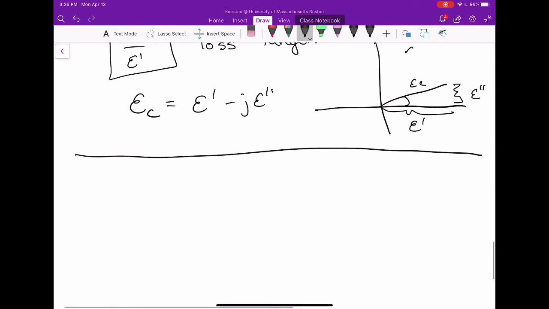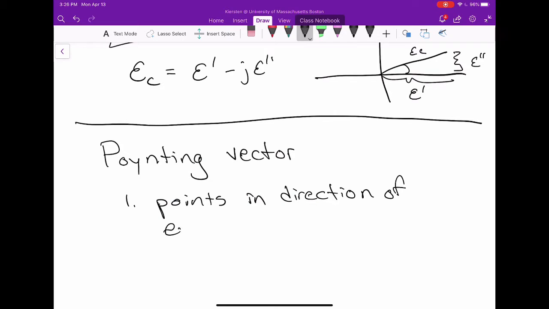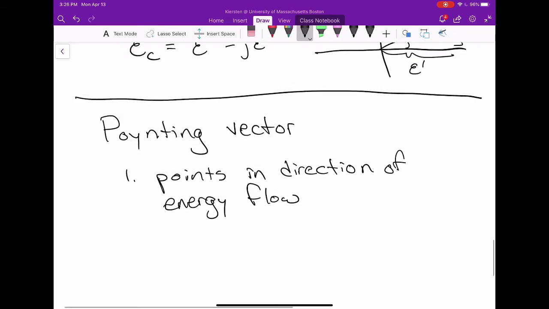All right, so now power in electromagnetic waves is all about this thing called the Poynting vector. I gotta say, Poynting had the most fortuitous possible name because what the Poynting vector does is, one, it points in the direction of energy flow, otherwise known as the direction of propagation.